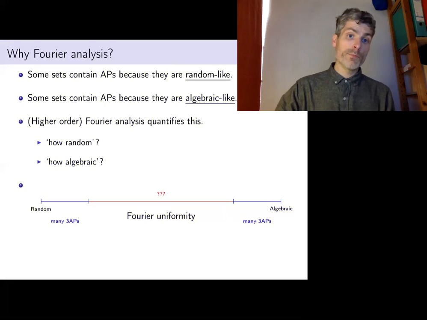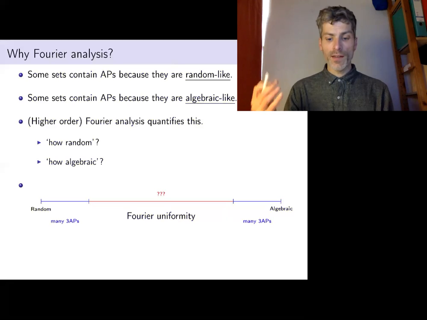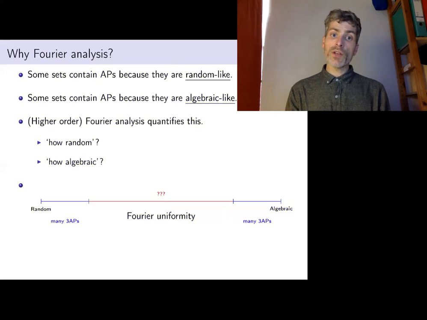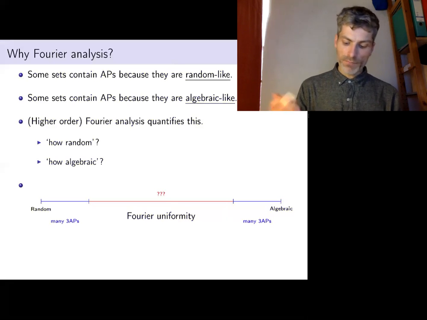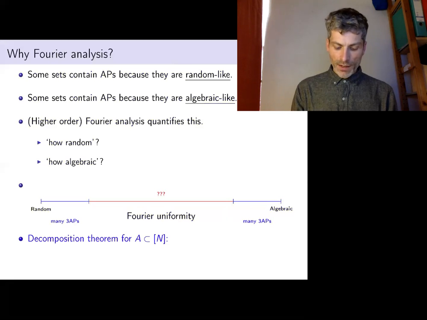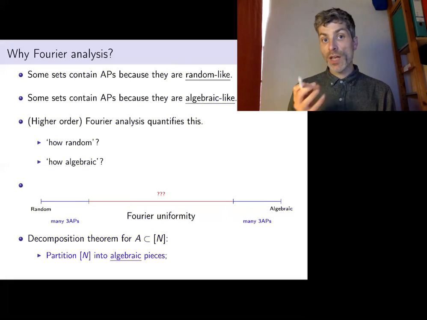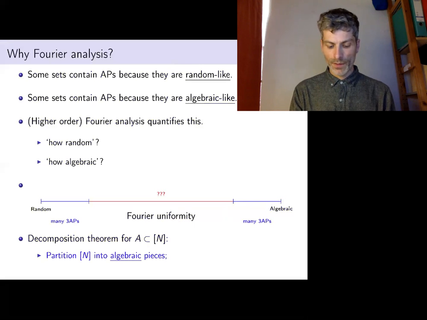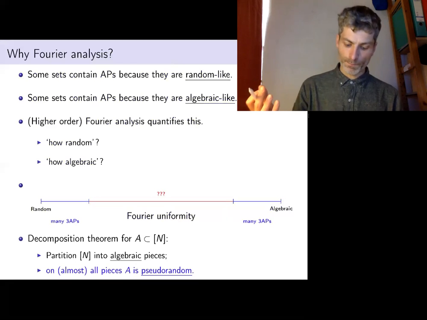So what I find particularly interesting over the last 20 or so years is methods have been developed which allow you to decompose a set of integers into algebraic pieces. And on each algebraic piece, your set behaves pseudo-randomly. So I call this a decomposition theorem, or people call this a decomposition theorem.